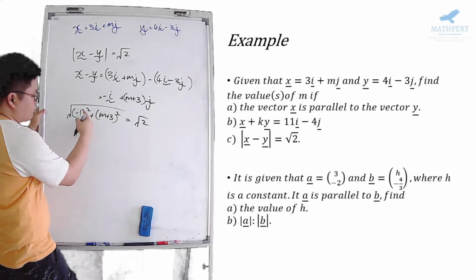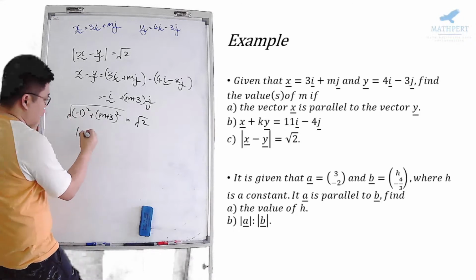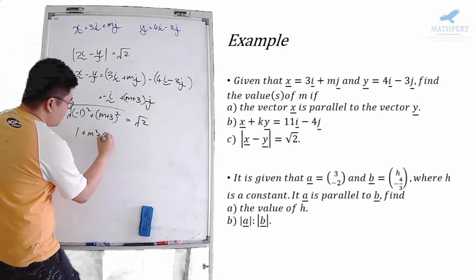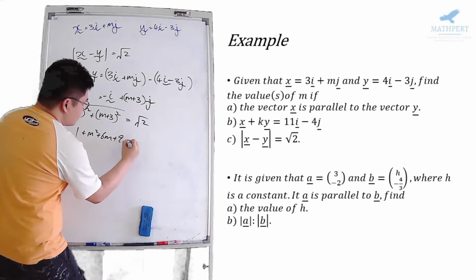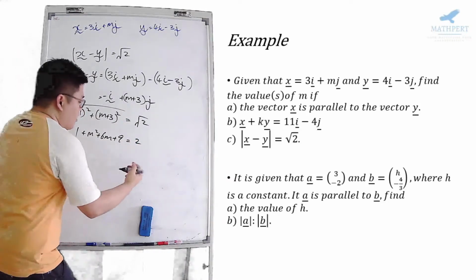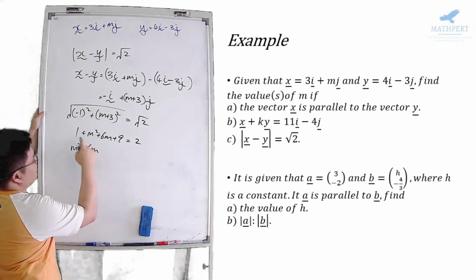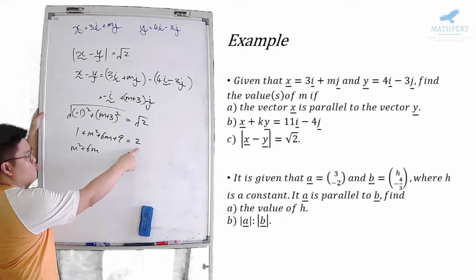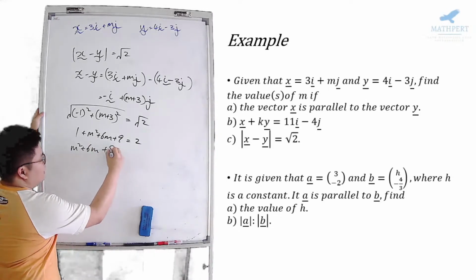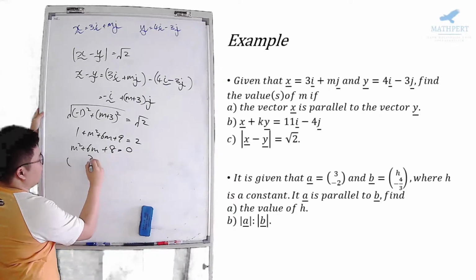Minus 1 square will be 1, plus m square plus 6m plus 9 is equal to 2. Okay, I rearrange it, I will get m square plus 6m, 9 plus 1, 10, 2 move it to here, plus 8 equal to 0.